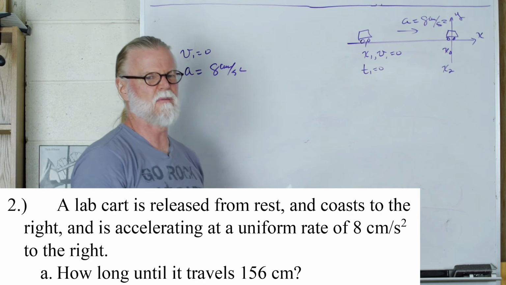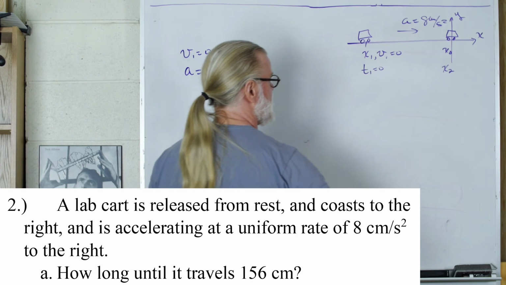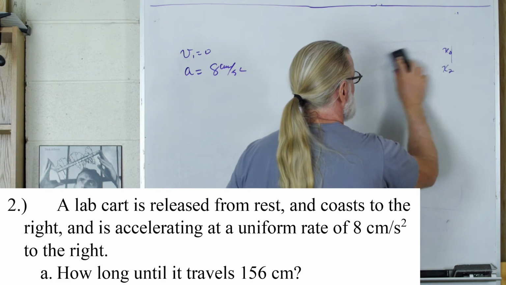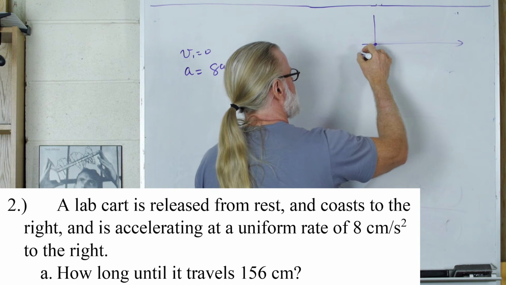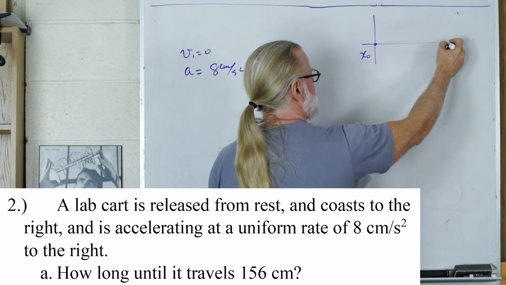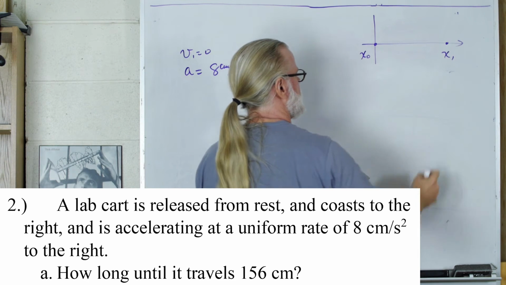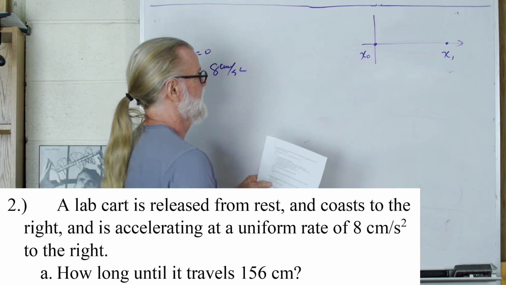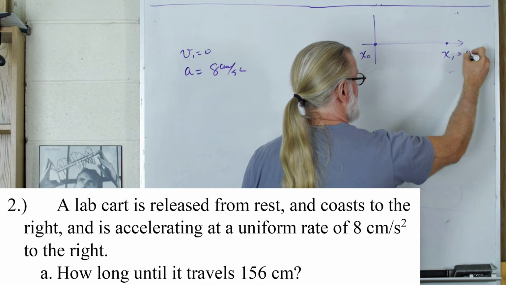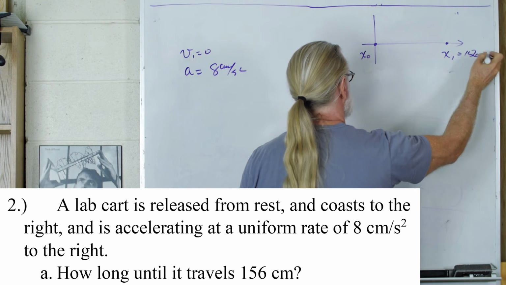I think we can use the same video, but since we're starting a new problem, so we don't get confused, why don't we start it here? We'll call this our new x0, and we're going to end it when it rolls down to here. And this is going to be 156 centimeters.